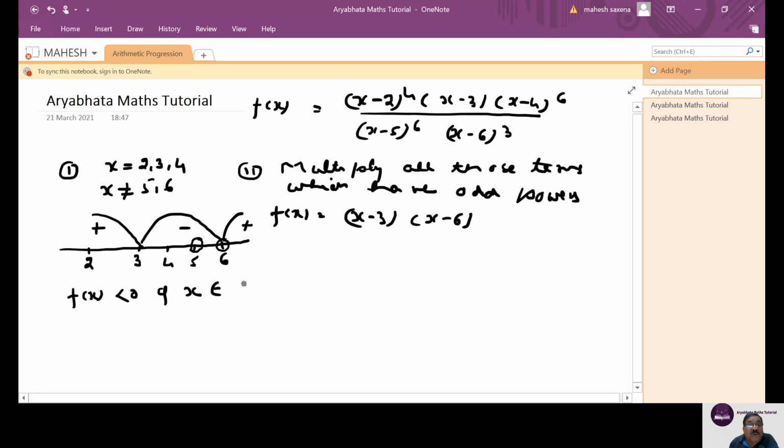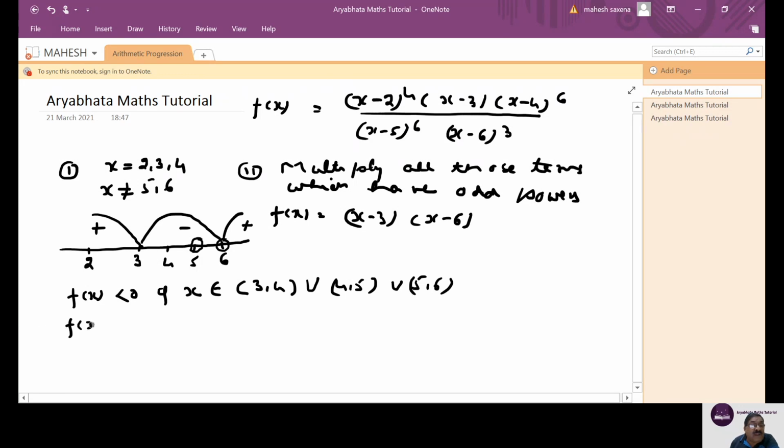Therefore, x belongs to open interval 3, 4. Union, again 4 to 5, neither 4 to be considered nor 5 to be considered. Therefore, it is 4, 5. Again 5 to 6, neither 5 nor 6 to be considered. Therefore, union 5, 6.